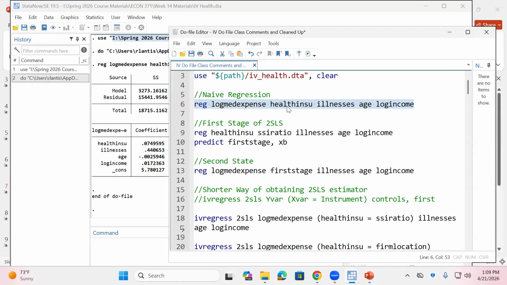If I have pre-existing conditions, maybe that's captured by illnesses, but maybe I smoke. Well, if I'm a smoker, what is that likely going to do? It's going to make it less likely someone will give me health insurance, but that also is going to make it more likely I have medical expenses, right?